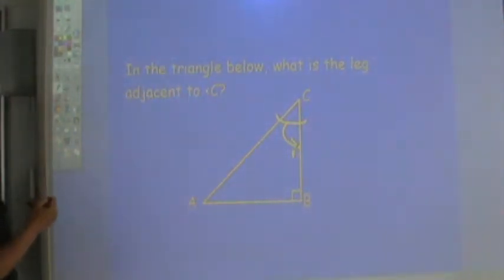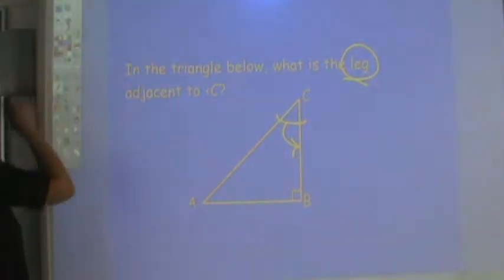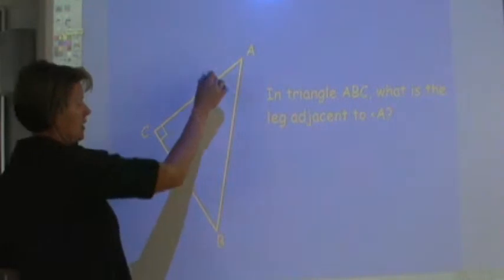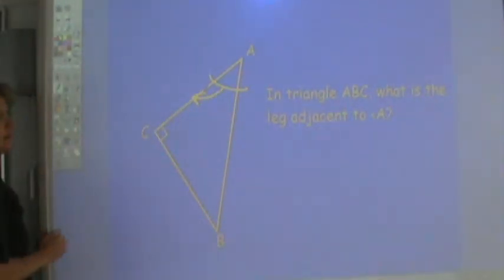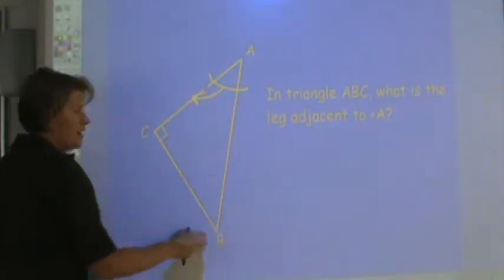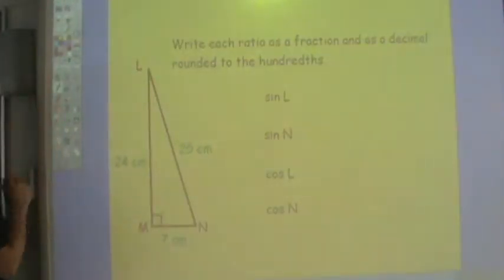It's always the leg, never the hypotenuse. We're looking for the leg adjacent. Here's angle A, the leg adjacent is going to be AC. So the leg opposite is over here, and then this is your hypotenuse. It just depends where you're looking from, if it's opposite or adjacent.